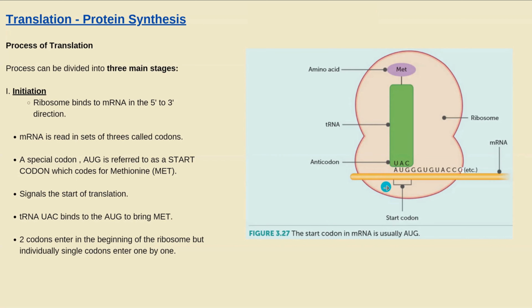And for the amino acid sequence to actually start being made, there's a very special codon that needs to be first read, which is AUG. It's referred to as the start codon, and this codon codes for the amino acid methionine, M or MET, depending on the genetic code that you're using. And this signals the start of translation.